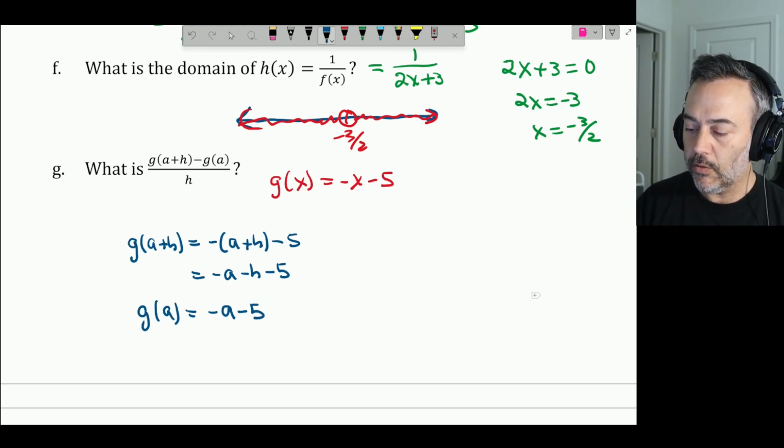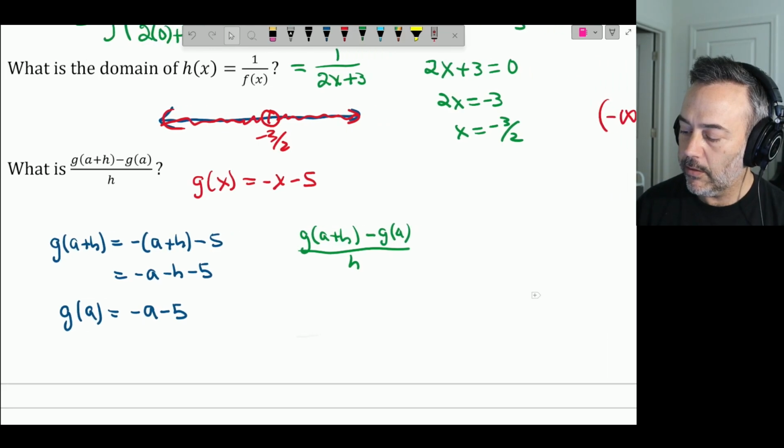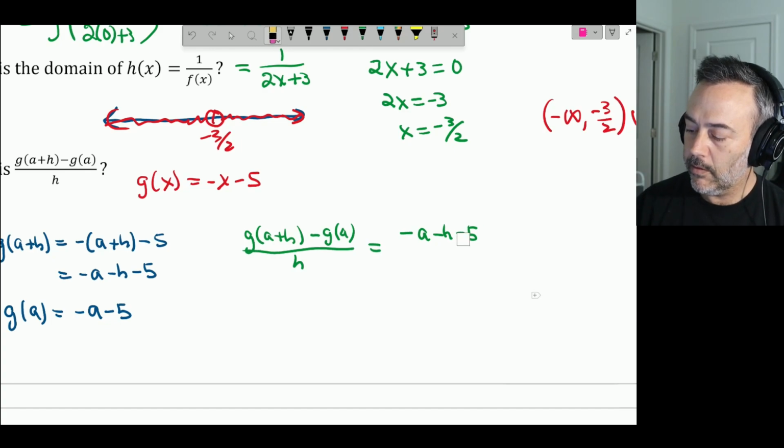So now let's do this whole expression. I've got my two pieces here. G of a plus h minus g of a, all over h. What is g of a plus h? It's negative a minus h minus 5. Let me make that a little nicer, minus h. I find it helpful to put parentheses or brackets around these big things you're plugging in to keep track of everything.